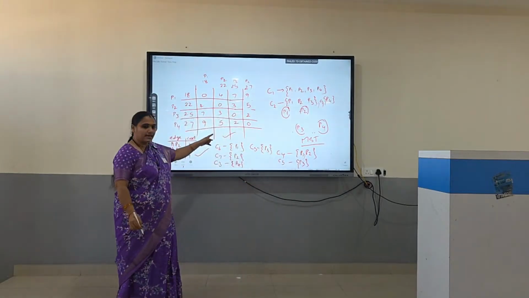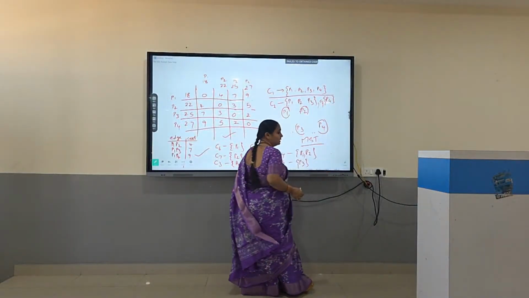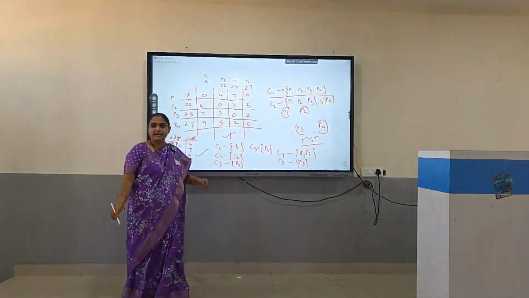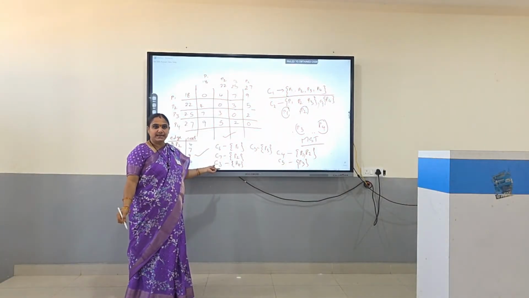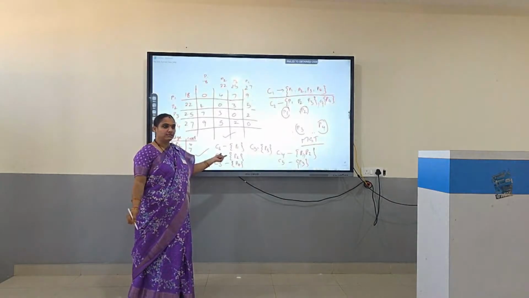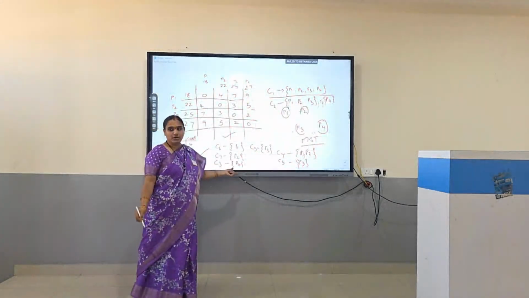All the clusters that were combined in your C1 are now individual. Everything is divided into individual clusters. This is your divisive algorithm.